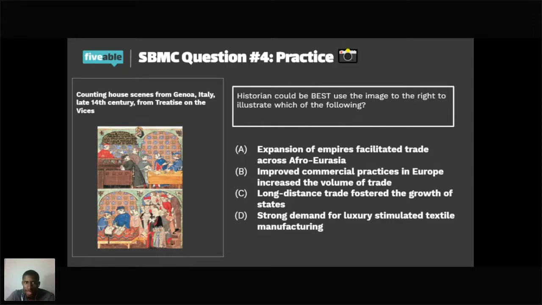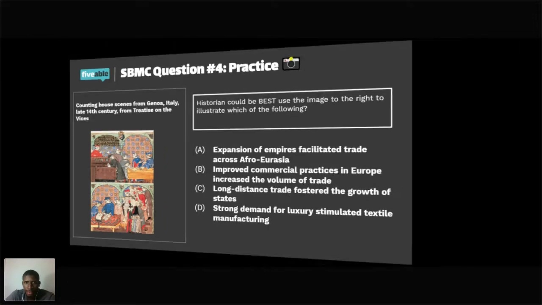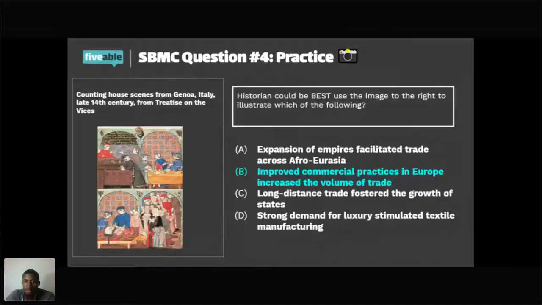So I'm going to give you guys a little time to answer that question. And let's see what the answer was. It was B. It improved commercial practices in Europe and increased the volume of trade. You guys just really have to look out for some of these crucial details.